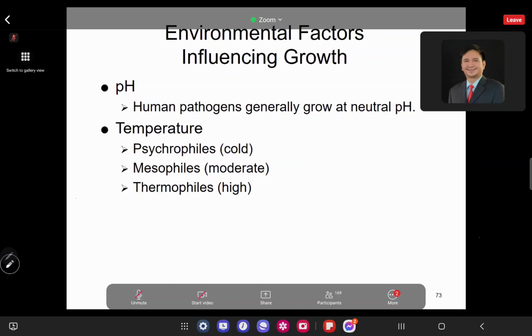Microorganisms are categorized based on their temperature preferences. Like your psychrophiles grow in cold environments. How about mesophiles? Moderate temperature, just like our human body, mesophilic. And didn't you know that most of the pathogenic bacteria belong to the mesophilic classification, and then adapted to high temperature will be your thermophiles.